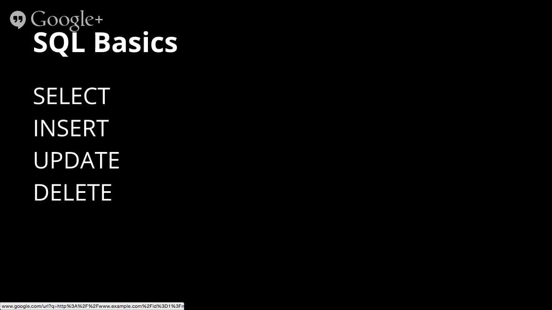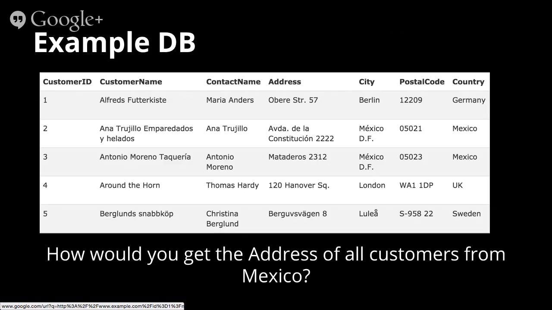So just some basic SQL syntax, and actually we'll go through some of it on the board. You have your basic select, insert, update, delete. And this is an example database, right? So storing user information. We have customer IDs, customer names, contact names, addresses, cities, postal codes, and countries.